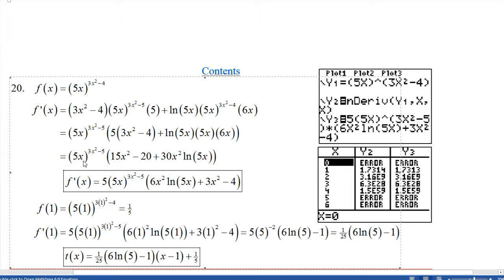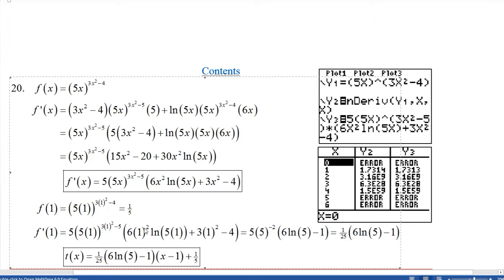We need the slope. The slope is the derivative with the 1 in place there. So take this derivative, put 1 in place there. A lot of canceling going on here. Once again, let's see, 1 squared is 1 times 3 is 3 minus 5 is negative 2, so that's a negative 2 power. The base is 5. We have the 5 out here.